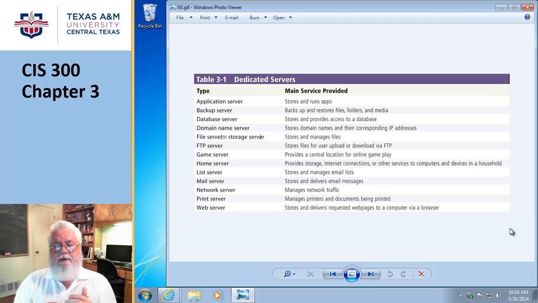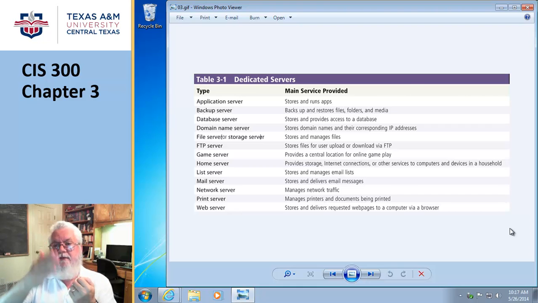And one of the reasons they have several physical machines that are not all crammed together is you want to physically separate some of these things. For example, in the corporate world, your file server is probably not going to be connected to the exact same network as your web server, because your web server is pointing out to the outside world, and your file server is only for you, pointing to the inside world.